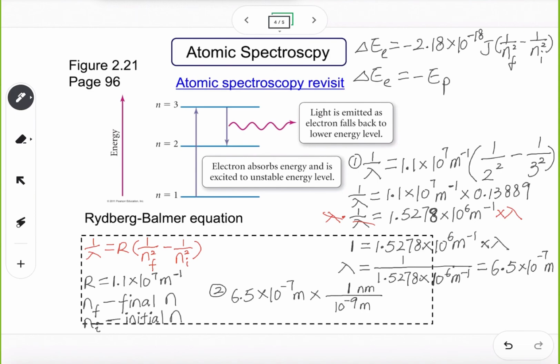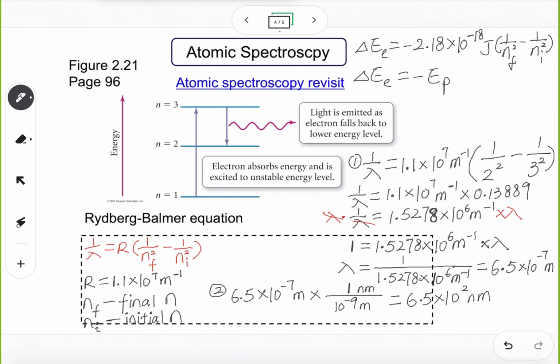All right, so if you do the calculation, that will give you 6.5 times 10 to the second nanometer. So this is our calculation.